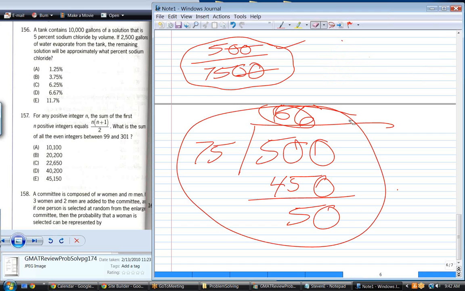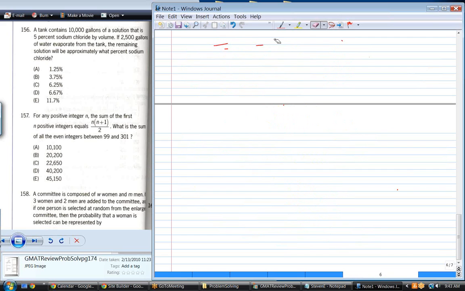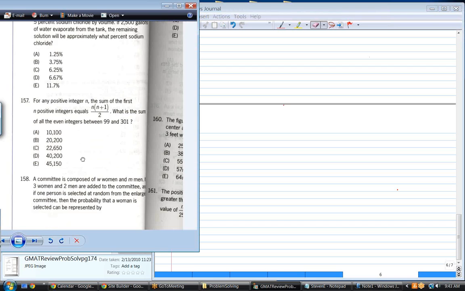Now, 157. Okay. For any positive integer n, the sum of the first n positive integers equals.